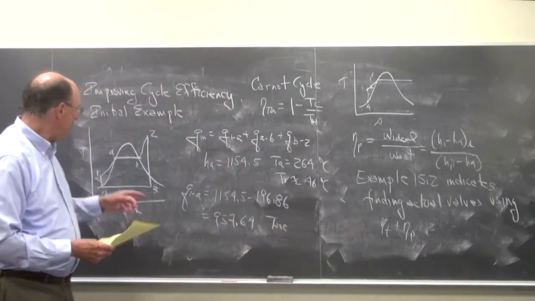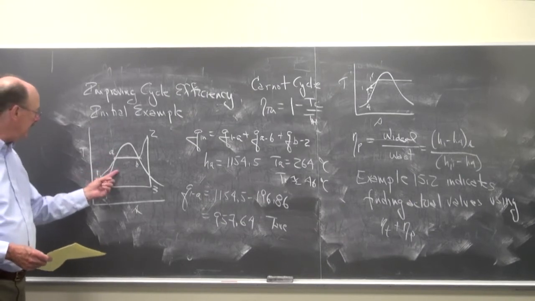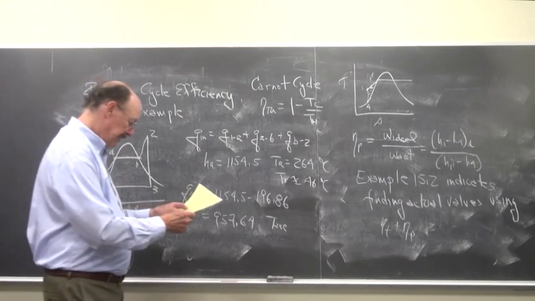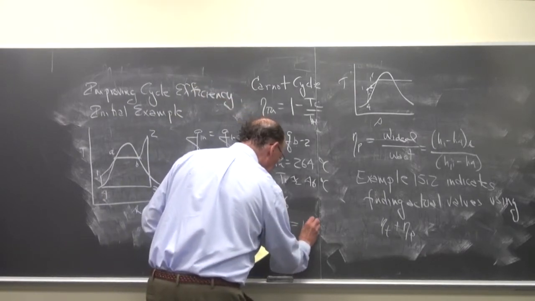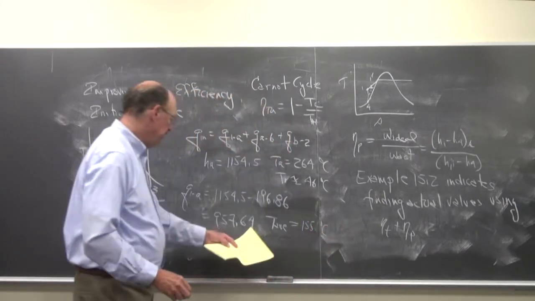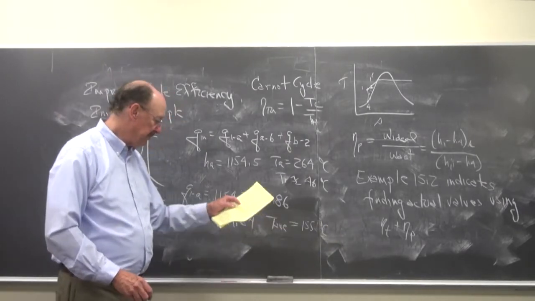So if I take the average of these temperatures, if I assume it varies linearly, I take TAV as halfway there, it's equal to about 155 degrees C. So this amount of the total heat added is at an average temperature of 155.